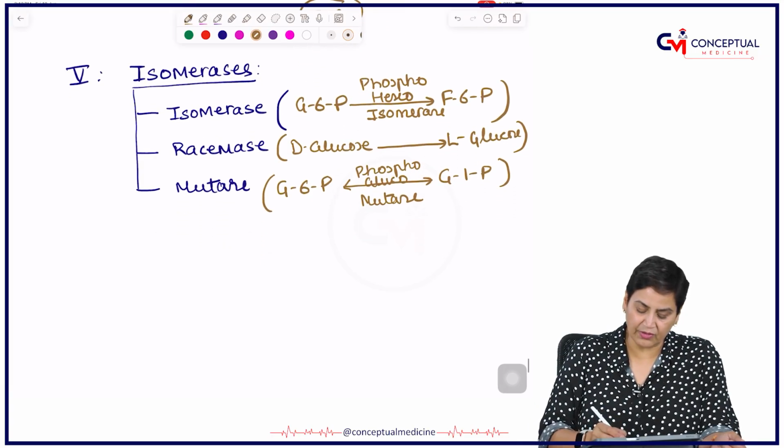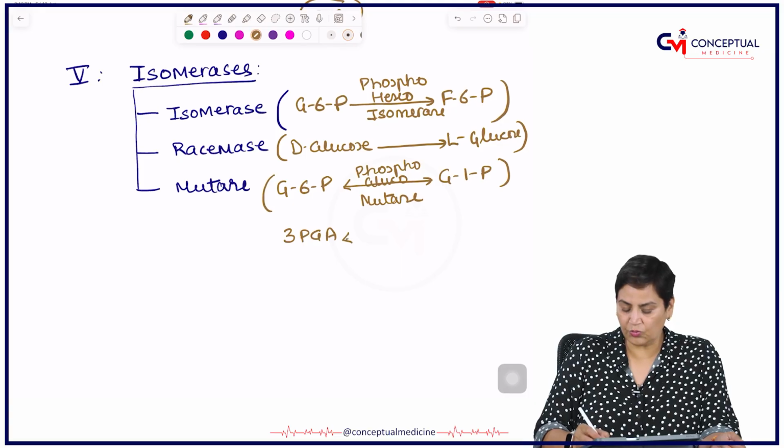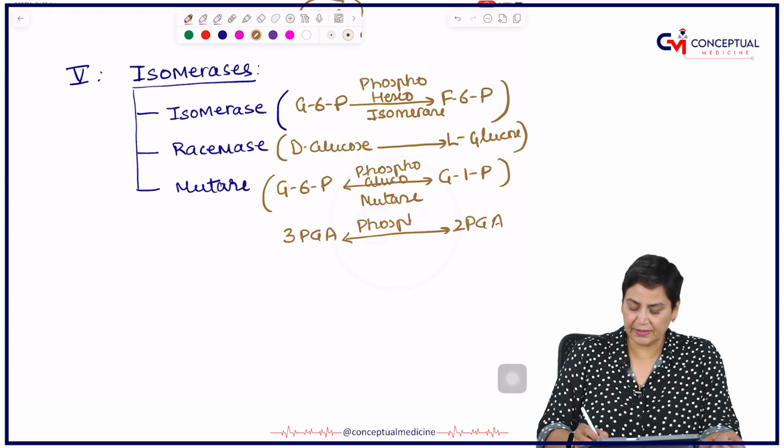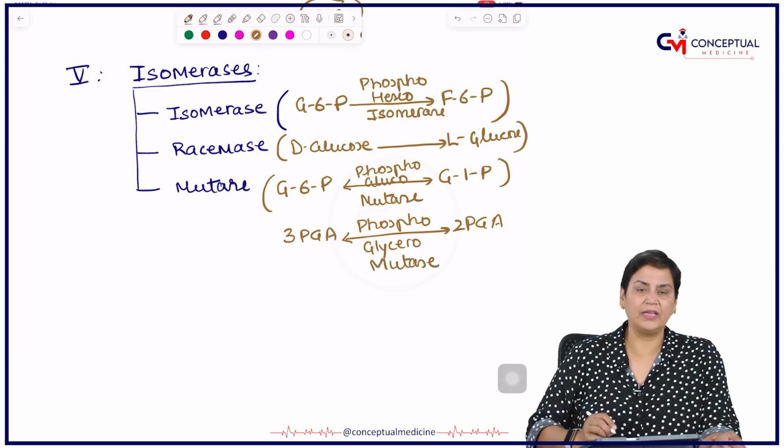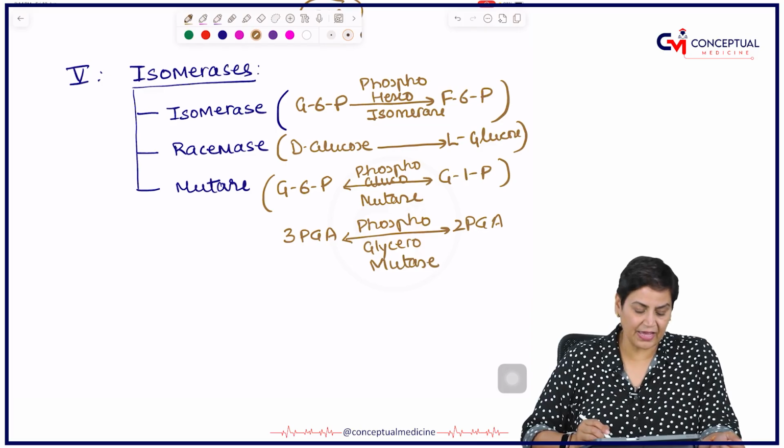Similarly, if we have to convert 3-phosphoglyceric acid to 2-phosphoglyceric acid, again here it is phosphoglyceromutase. So this is class 5, which is isomerases.